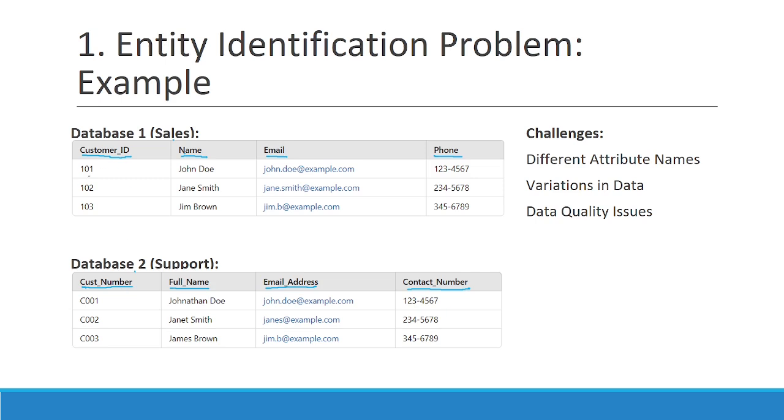Now if you observe the data in customer id, the ids are like 101, 102, 103. These are only numeric values. And if you see here, in the other database the customer ids are stored using C001, C002, C003. These are alphanumeric values.